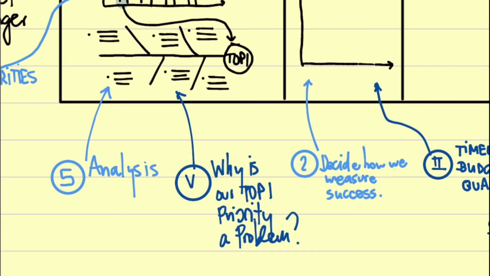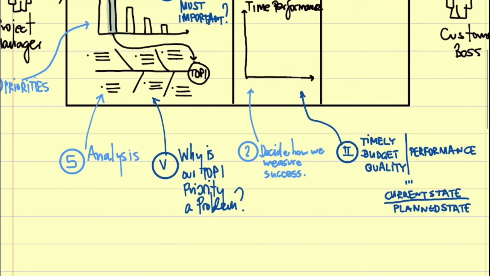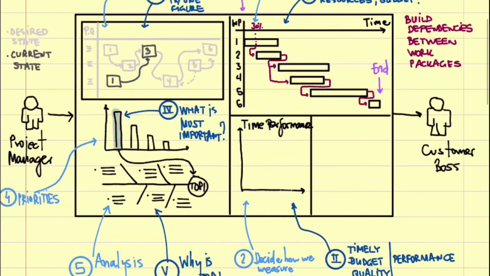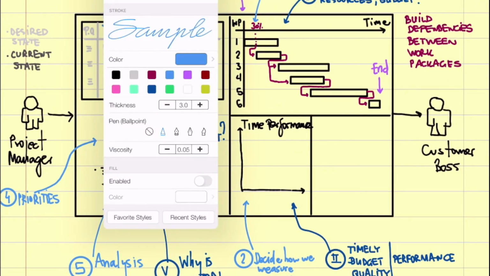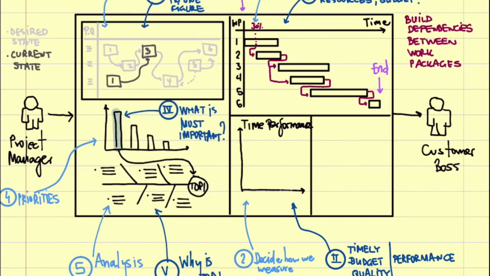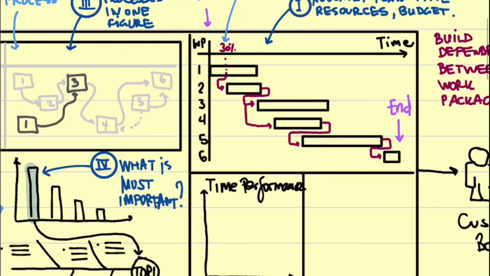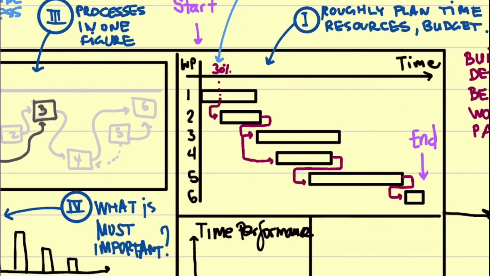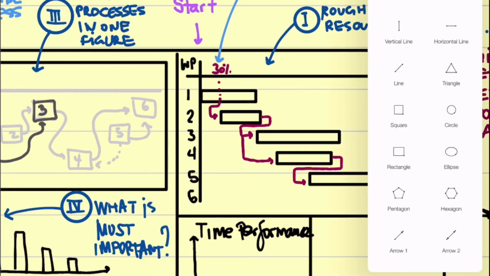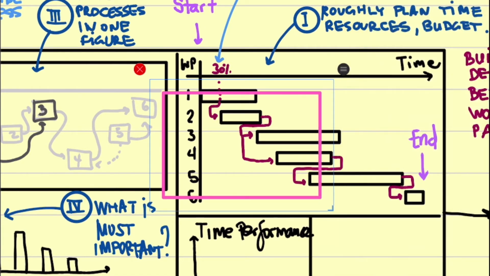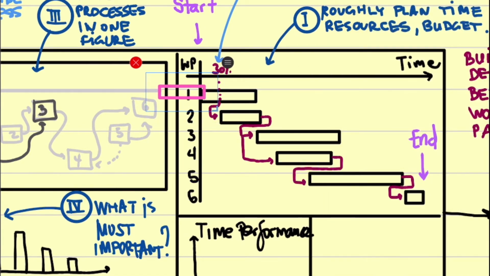Why is our top 1 priority a problem? So once we know, we need to adjust our plan. What do we do to adjust our plan? We add a new package. Buy some, I don't know, stones for our house. So this is our new package.